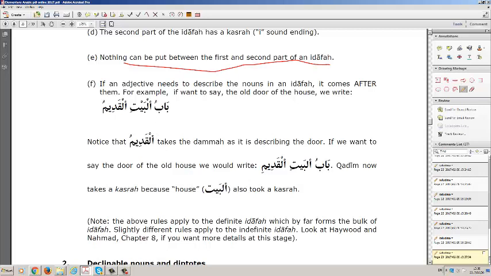But in an idafa construction, nothing can come between the door, bab, and the house. So the adjective has to come after the whole construction. Al-qadimu takes the dhamma because it's describing the door, but it comes after the whole construction.